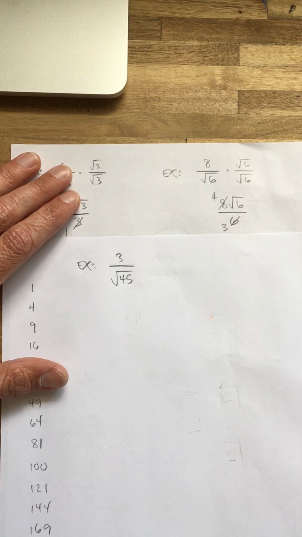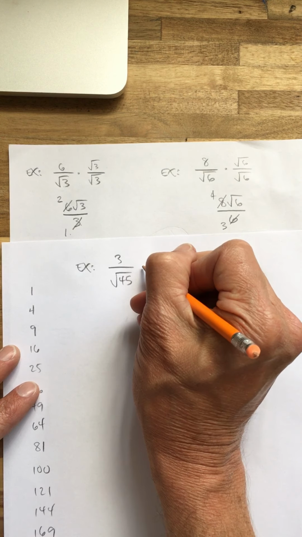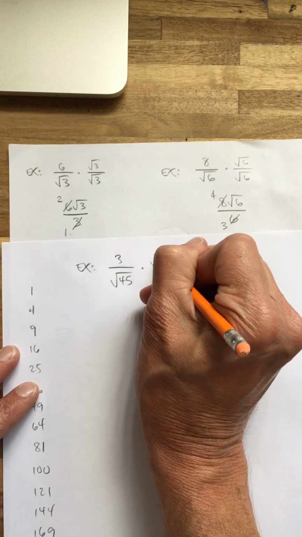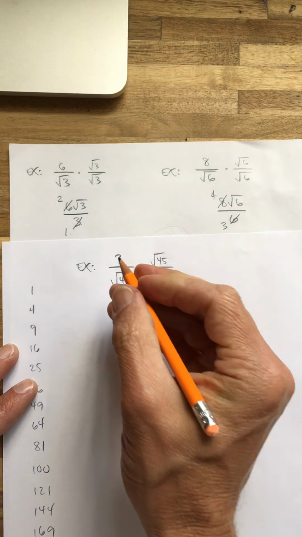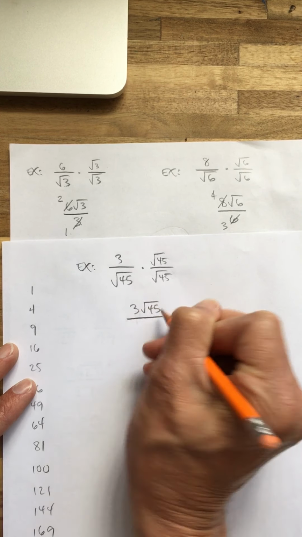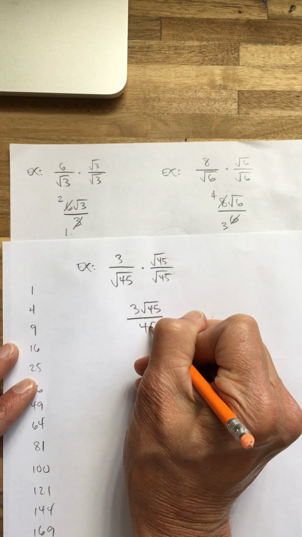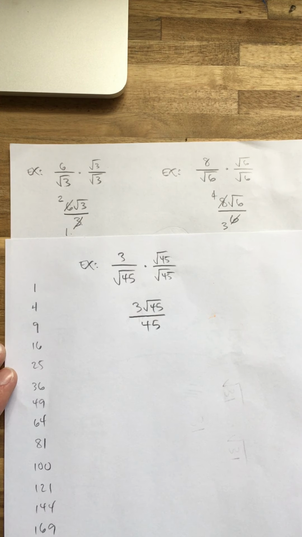All right, you ready? Did you pause the video? Did you try it on your own? Okay, here we go. I'm going to multiply square root of 45 divided by square root of 45. Okay, and I get 3 square root of 45 divided by 45. Now there are a few simplifications here.